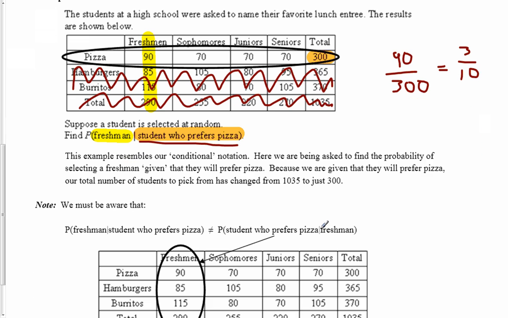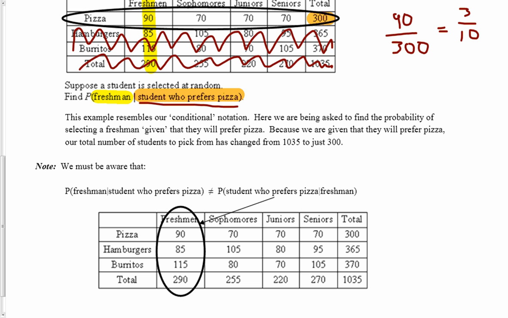Finally, one thing that's worth noting, and that might be a little confusing at first, is that the probability of finding a freshman, given that you have a student who prefers pizza, is different than the probability of a student who prefers pizza, given that you have a freshman. Because if you say, given that it's a freshman, that last part after the vertical line, that means that you only look at freshmen.